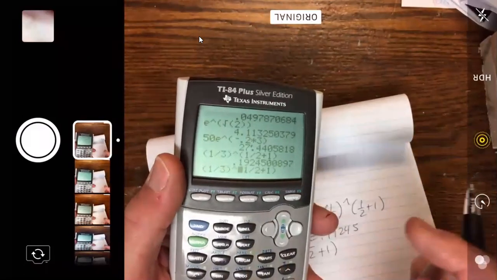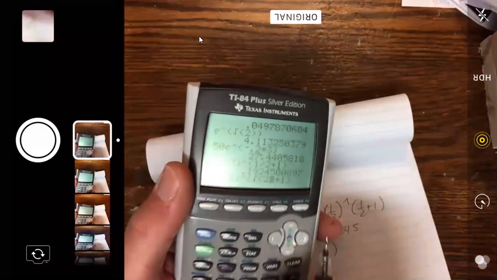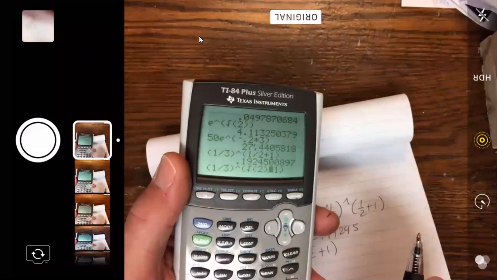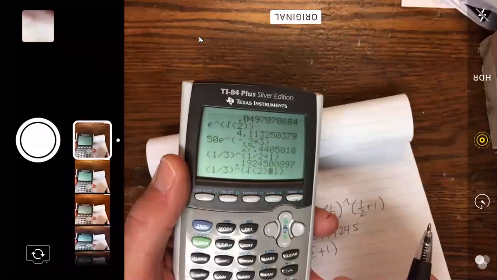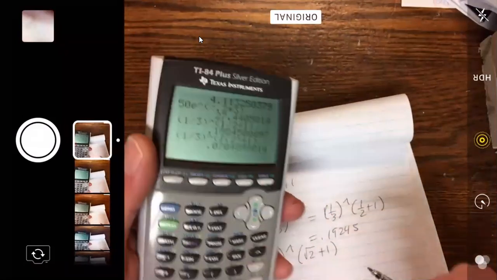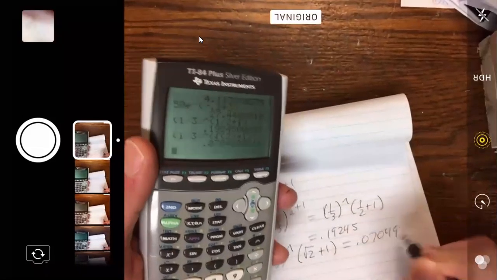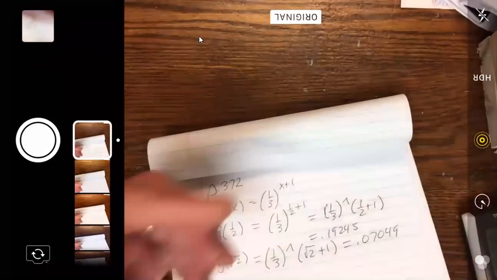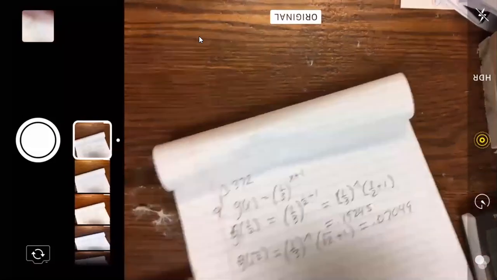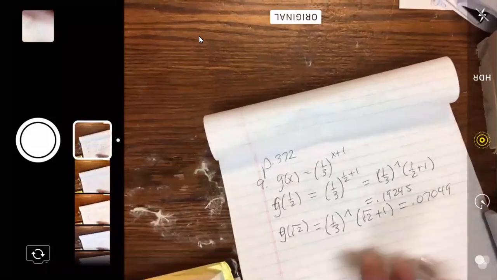So there's a 1/3 raised to the parentheses, square root of 2, and add 1. There you are. 0.07049. There's no real rules about how many places to keep. Generally 2 to 3. You could have called it 0.0705.